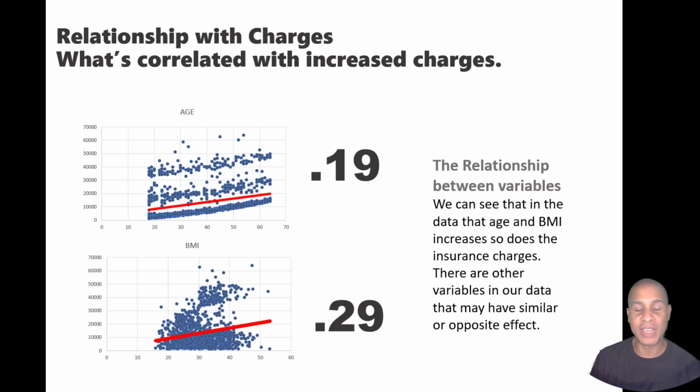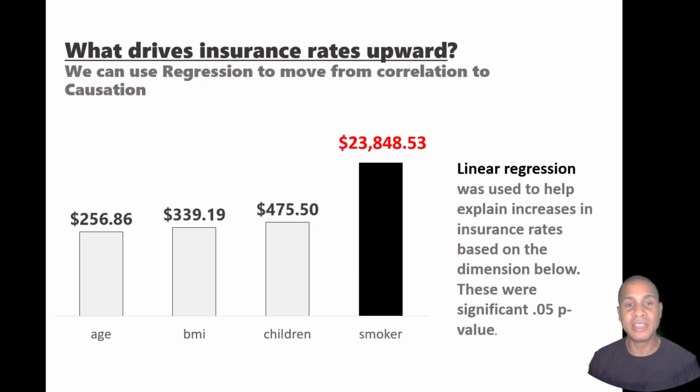However, that's observational, so we want to get a little bit more specific and find out what the real drivers of increasing insurance rates are. So we use a linear regression model to come up with some of the key influencers that drive insurance rates. And what we see is that if we have a smoker, their rates are going to go up $23,848.53.